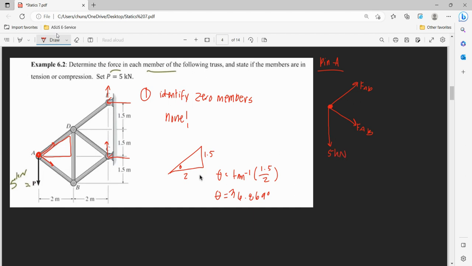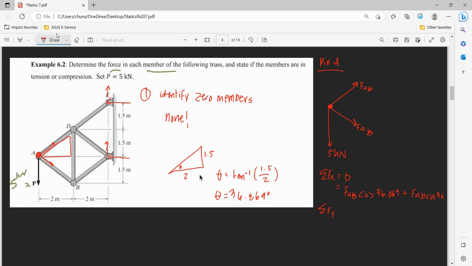So we can solve for these two because we have two equilibrium equations. The first is sum of x equal to 0. This is going to be the x components of both of these, which are in the positive x direction. So that's FAB cos 36.869 plus FAD cos 36.869. In our y equation, we have one of these pointing up and one pointing down.